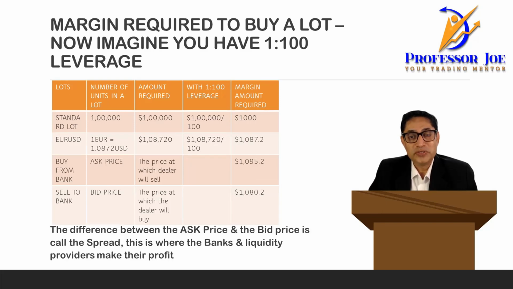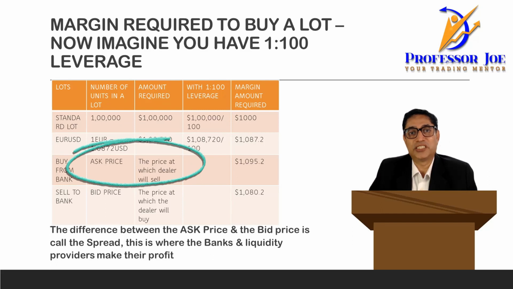So if you go to buy one standard lot using US dollars, the broker will charge you $1,095.20. It is higher than $1,087.20. Why? Because that is the spread that the broker is adding for their profit.